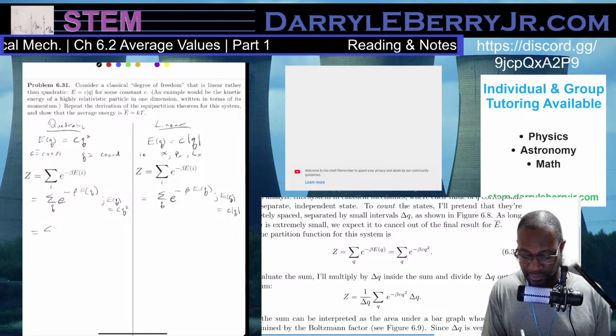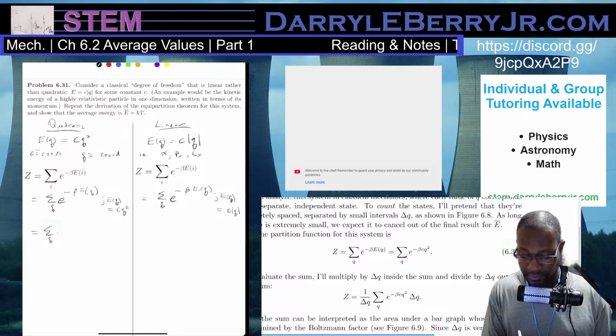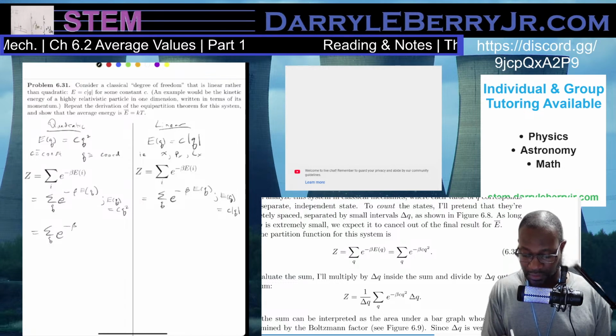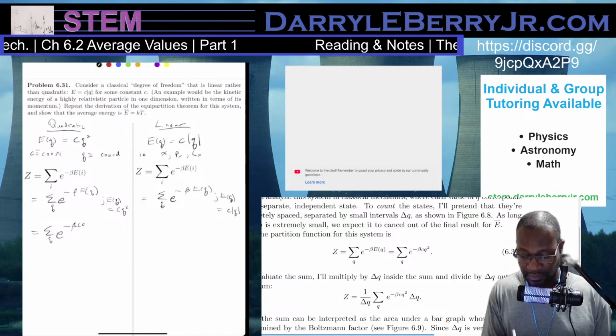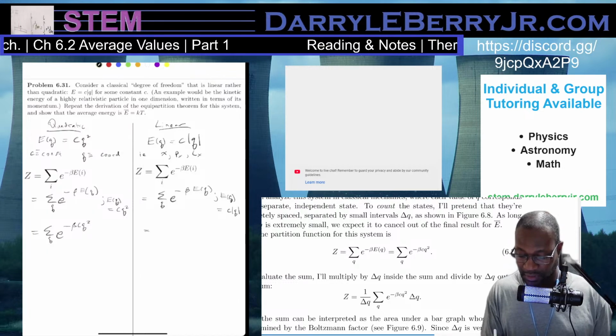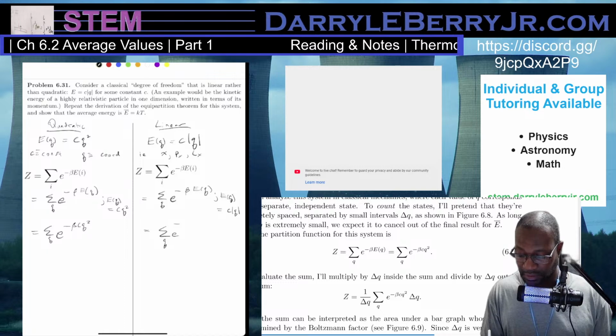So this equals the sum over q of e to the negative beta c q squared. And this equals the sum over q of e to the negative beta c absolute value of q.